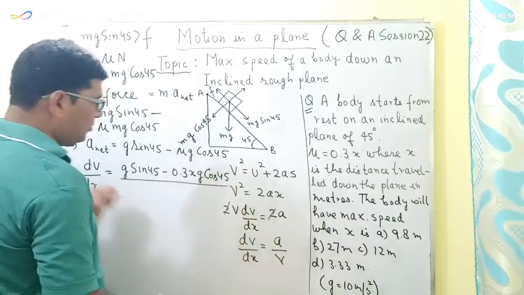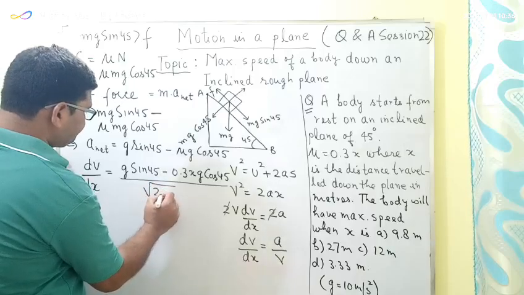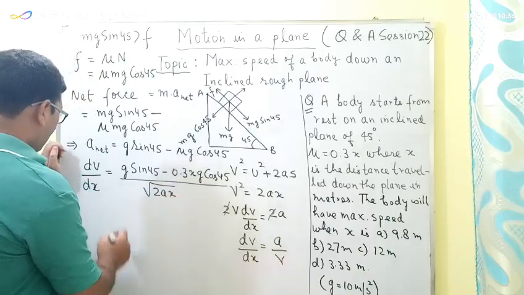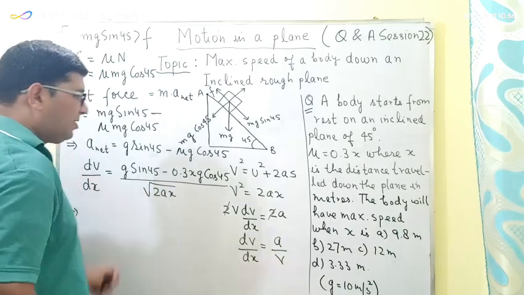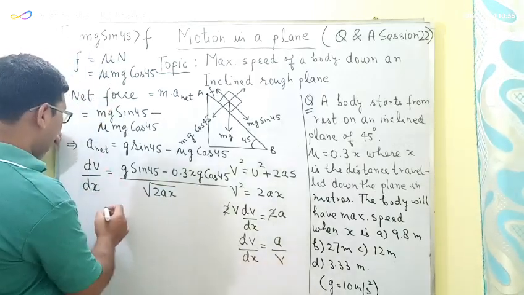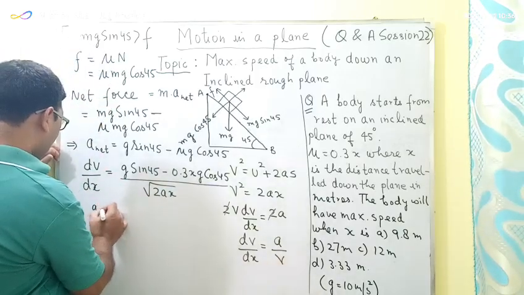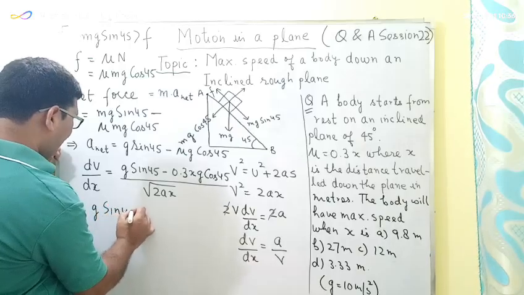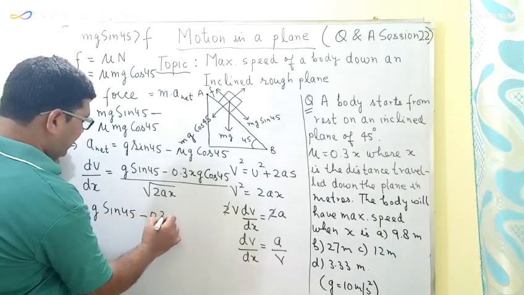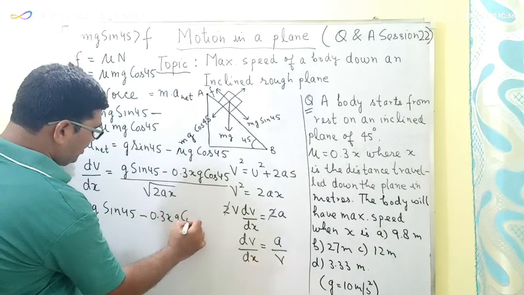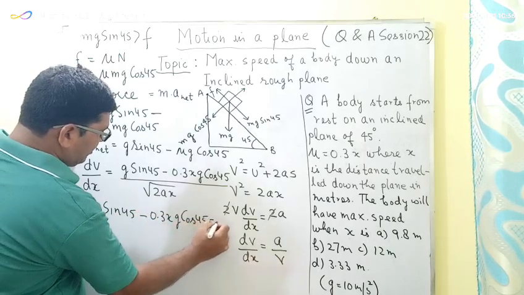Here v is equal to root 2ax. So for maximum speed, dv/dx will be equal to 0. We can say that g sin 45 minus 0.3x g cos 45 should be equal to 0.